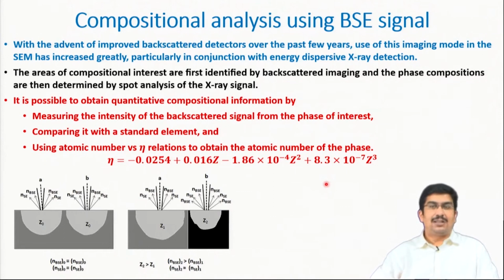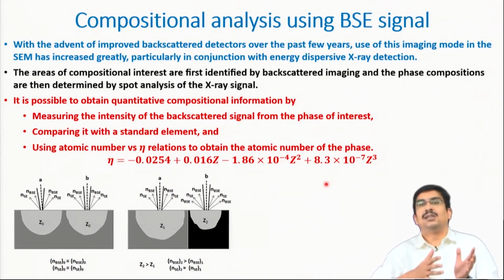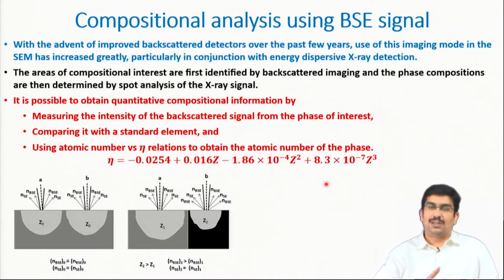But backscattered electrons have an additional advantage, that their yield depends on the chemical nature of the elements or the phases that they are generated from, and that same information can be utilized for a compositional analysis. That means a quantitative analysis of the composition of any specimen. In that way, the backscattered electrons are somewhere in between the normal secondary electrons which produce topographic imaging, and compositional imaging mode.